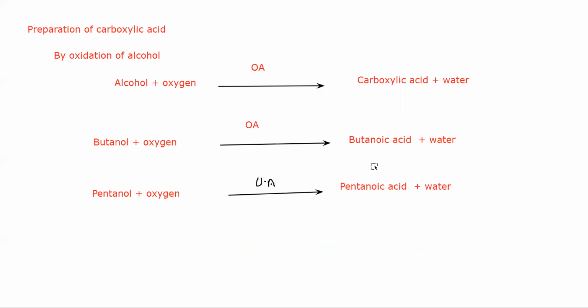Butanol plus oxygen gives butanoic acid. Pentanol plus oxygen gives pentanoic acid. Hexanol plus oxygen, hexanoic acid. For the reaction condition, we need an oxidizing agent so that this reaction can proceed. This is how we prepare carboxylic acid.